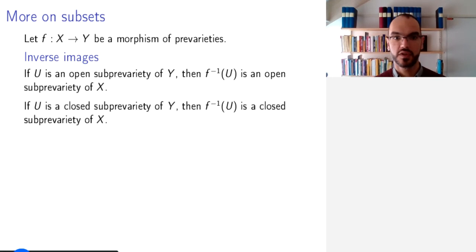And the same holds for closed sub-prevarieties because the pre-image of a closed subset is closed.